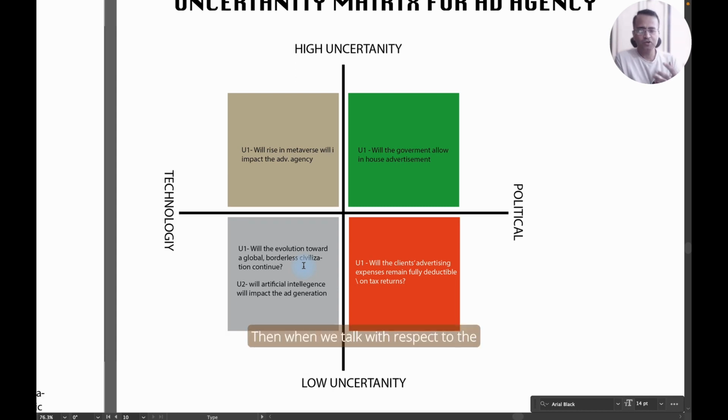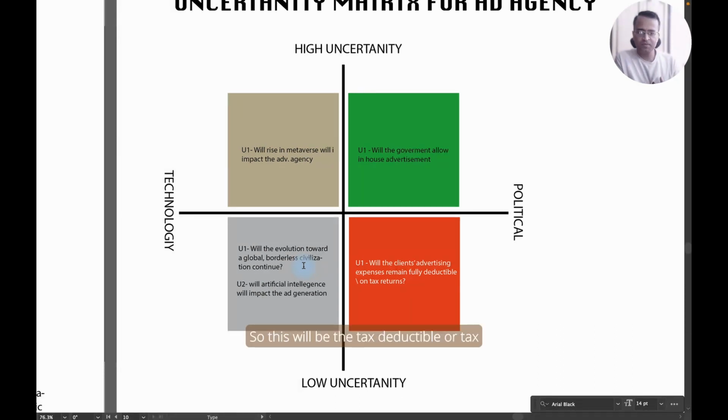Then, when we talk with respect to politics, how will this advertisement agency get impacted? So the U1 is, will the government allow in-house advertisement? And then the low level of uncertainty, will the client's advertisement expenses remain fully deductible on tax returns? Suppose that the political party is now putting a lot of tax on the client's advertisement expenses.